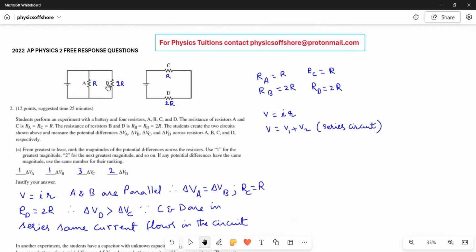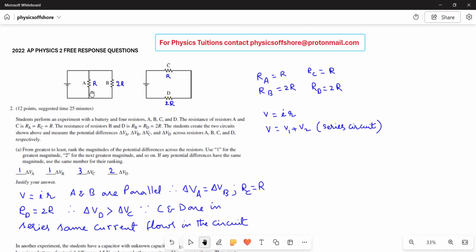Here are the two circuits. In one circuit, the resistors are connected in parallel with each other to the supply. In another circuit, the resistors are connected in series with the supply. Now, he is asking us to note down the voltages across these resistors from greatest to least.